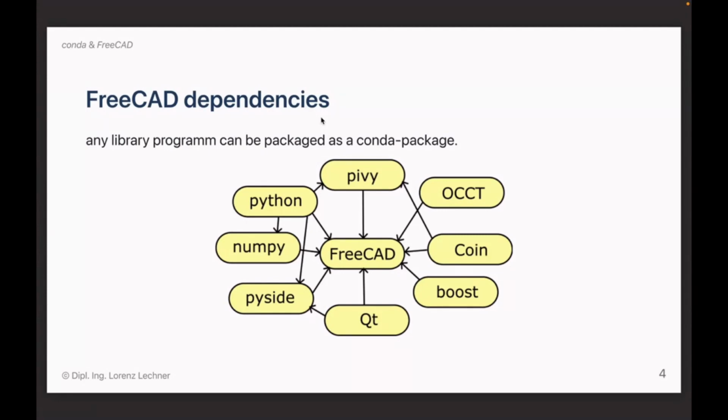And all these dependencies also have dependencies too. So if you show the full graph, it will be much more complex. And in principle, the package manager resolves or solves for all the dependencies to have the correct version.